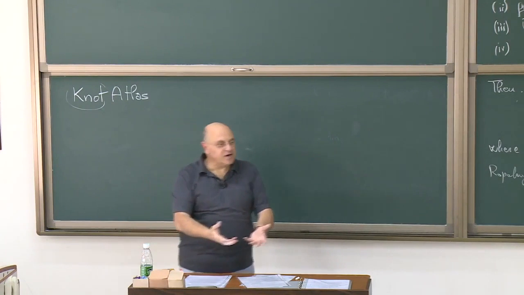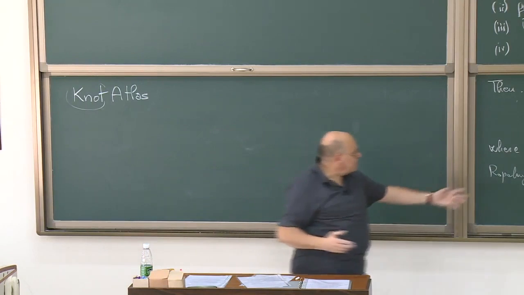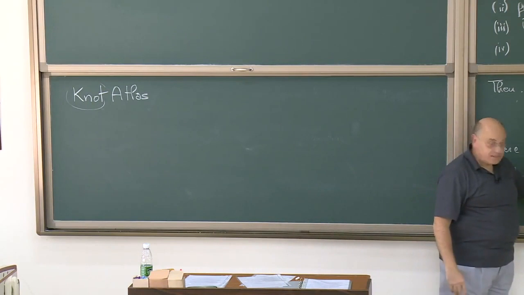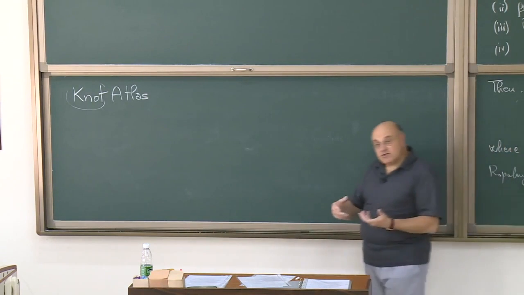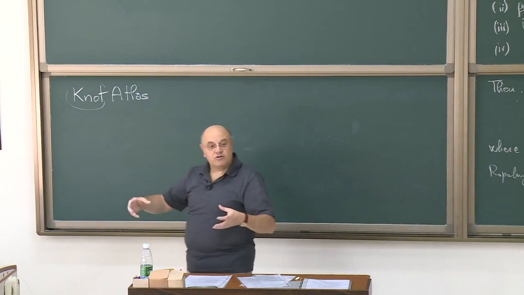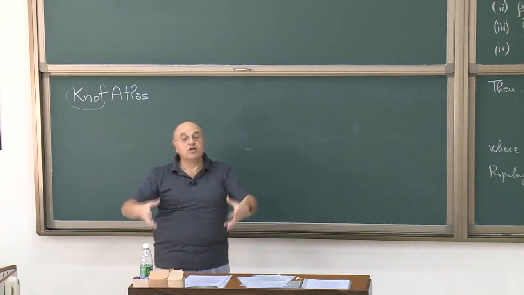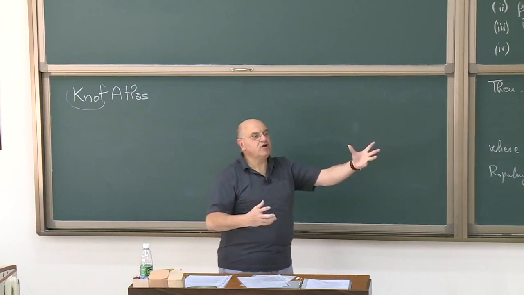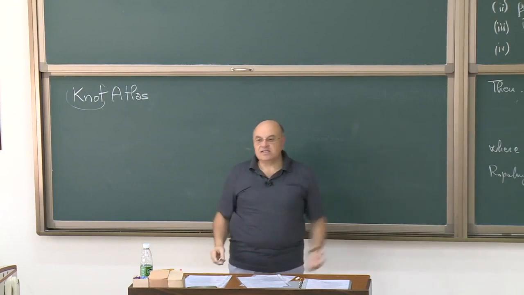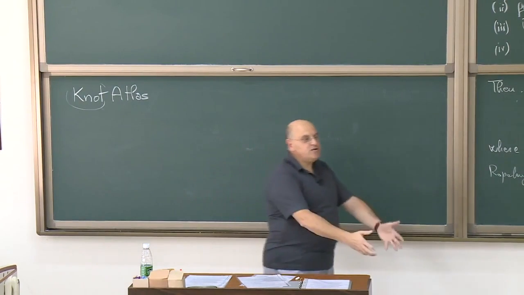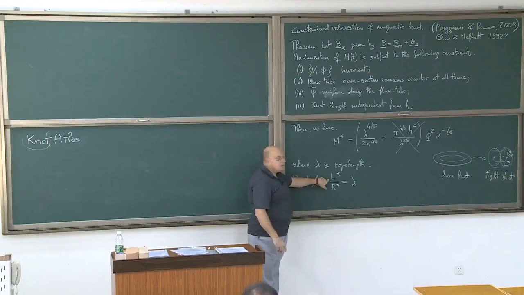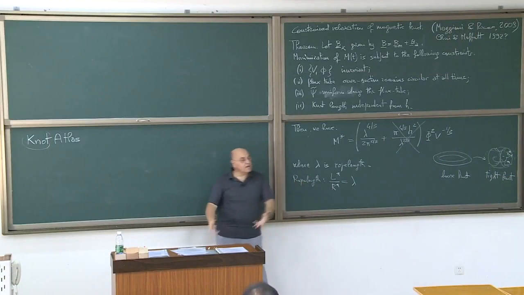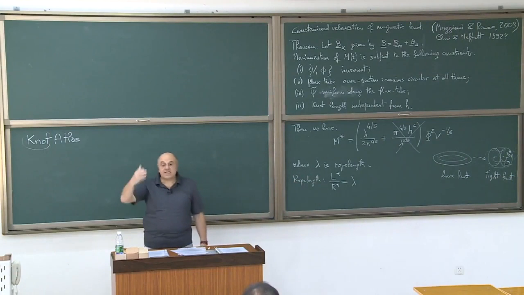But in the numerical code, we want just to establish this pure number. And in order to establish this pure number, we want a code that relaxes the knot to the tight configuration. So you give a knot, say the trefoil knot, you make it fatter, as I showed you yesterday, and then you get your information about lambda. You compute L, you compute R, and you have your lambda. So there is a table.